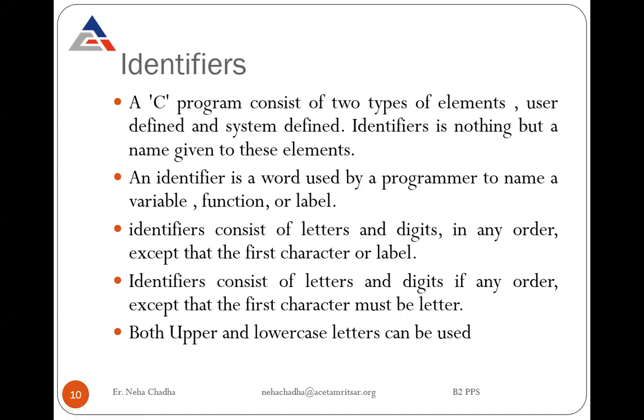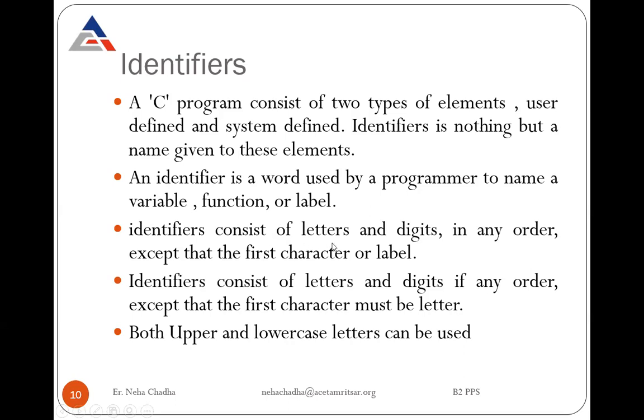Even the name of your program will be under identifiers. An identifier is a word used by the programmer to name a variable, function, or label. When you are going to give a name to anything, like when you are declaring a function, these are the harder topics that we are going to discuss. You know what a variable is. When you give a name to a variable or a constant, you will use an identifier.